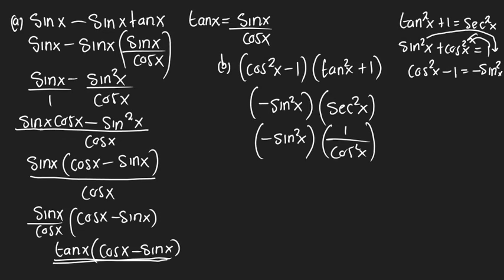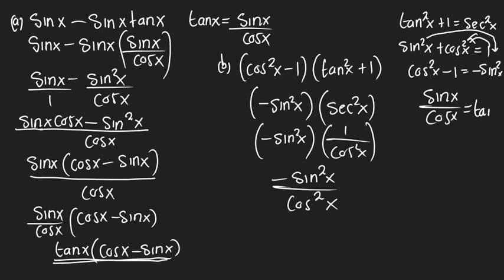If you multiply, this is going to be something like sine power 2x over cosine power 2x, right? What is this trigonometric identity? Remember, sine x over cosine x is just tan x.